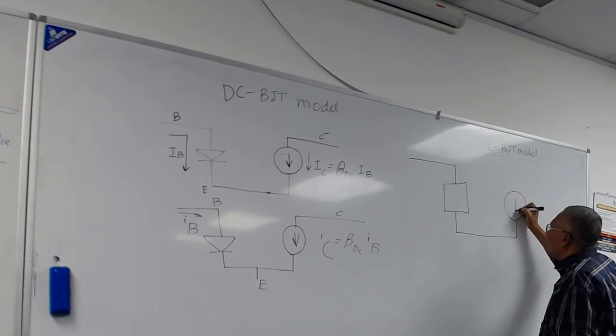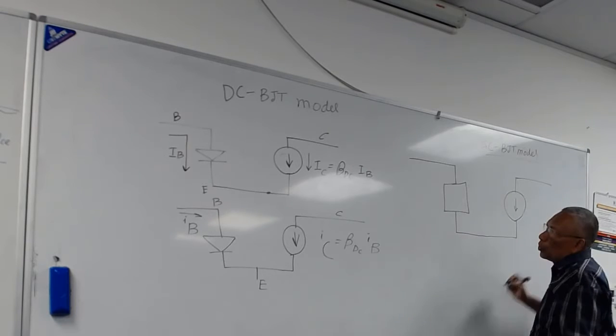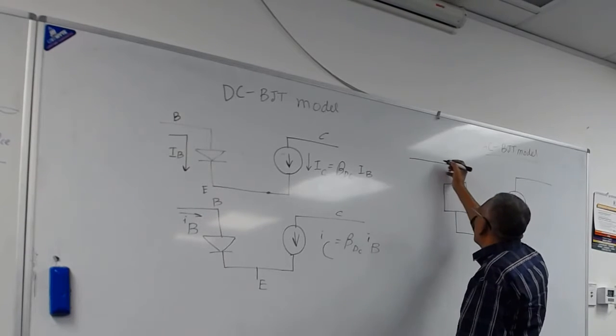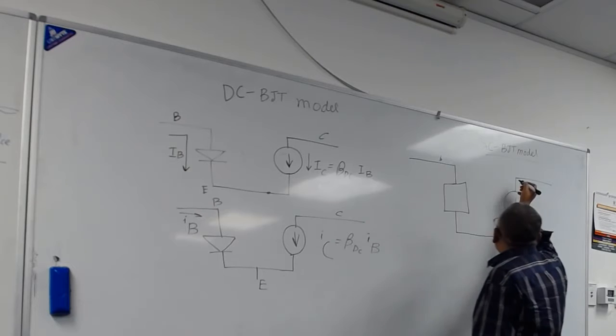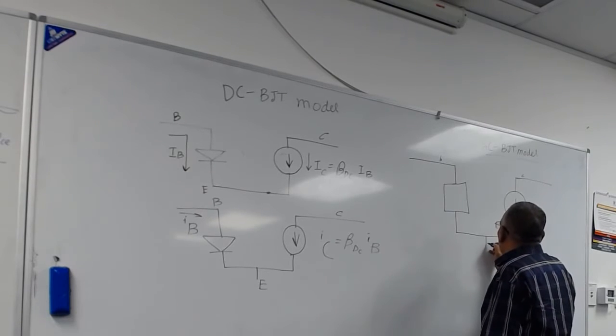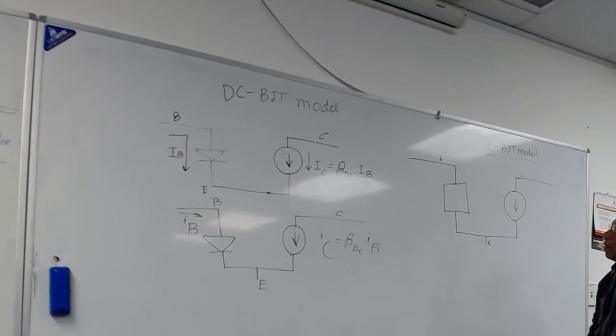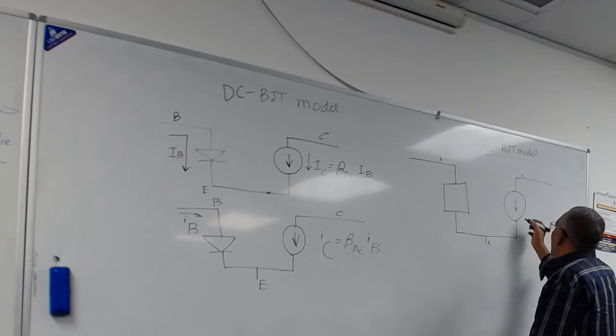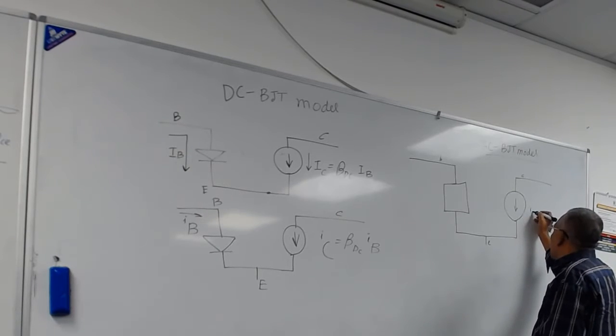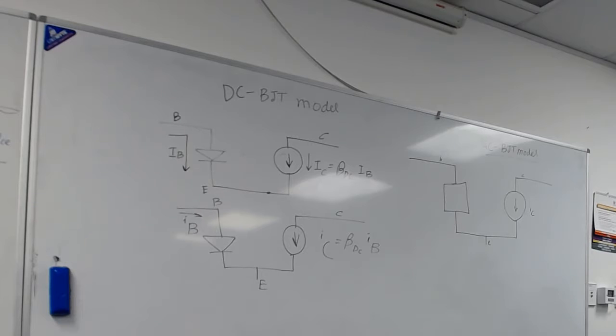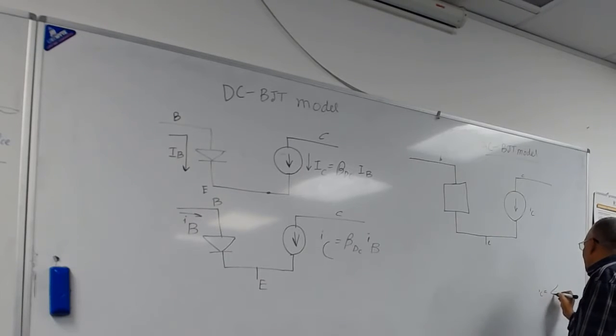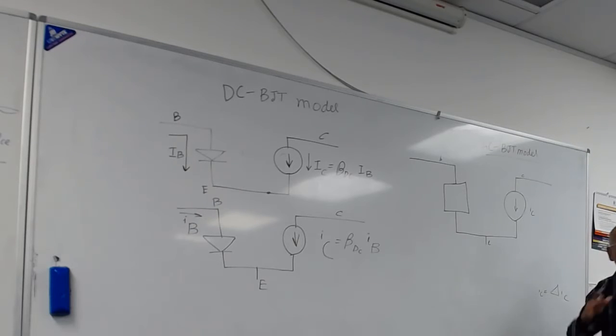So instead of using large letters, we'll use small, that means it's a small signal. Put a small i, small c here, small e here. And this is your small i_c, small signal, just the change, which is equal to delta IC, the change in the collector signal.